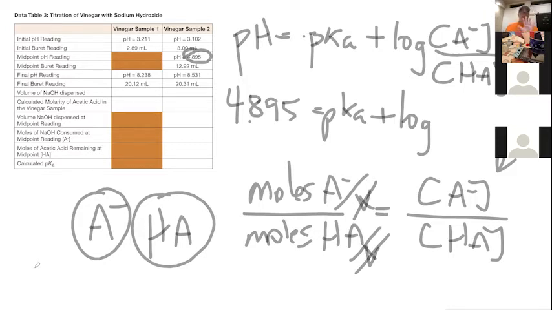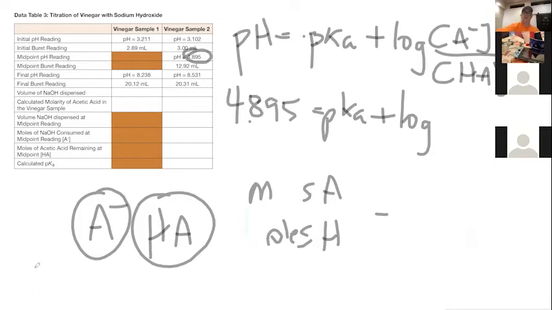But the moles have to be in the same volume for that to work. So this is one of those shortcuts where you need to know what you're doing or it won't work. But if you have the same volume in each case, then when you divide one by the other, you'll get the same answer.